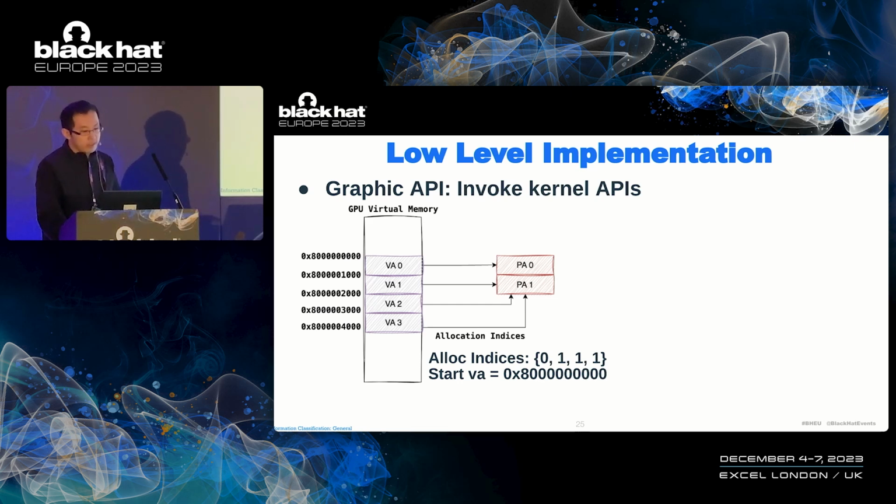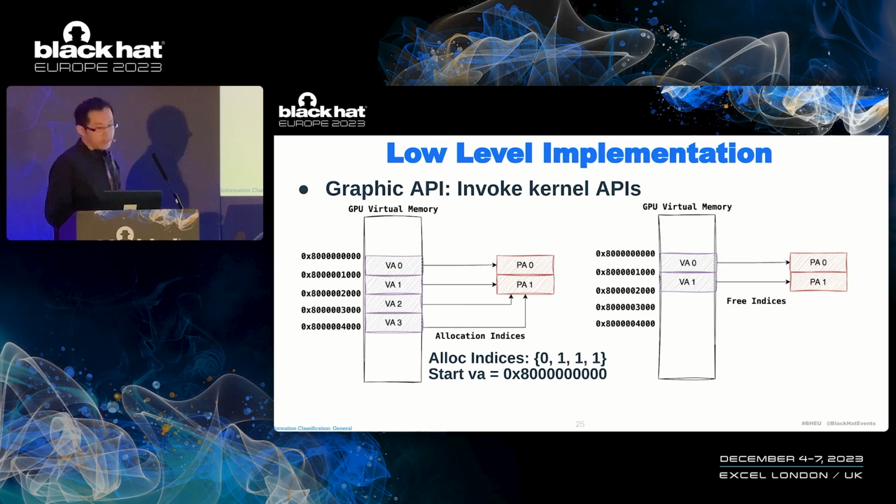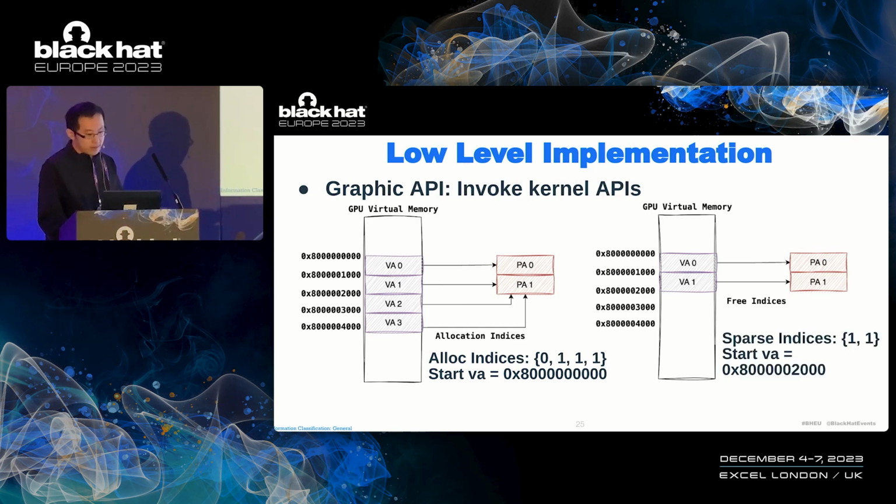And if we want to free virtual pages 2 and 3, we can also supply the free indexes with the correct starting address of the GPU's virtual memory, as you can see here.